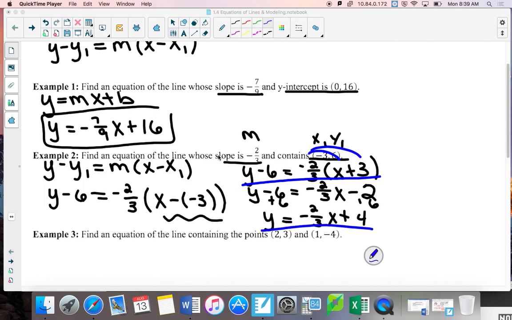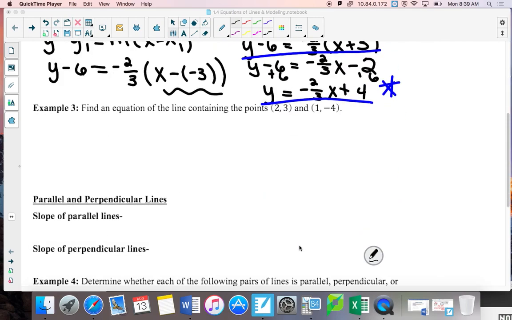So then that would also be a good solution. It just depends on what the directions are asking and how you need to write the equation of the line. On a test, I would be super happy with this. On my math lab, it's going to typically make you write it in slope-intercept form, but always start with point-slope. I think it's a little bit simpler to do.